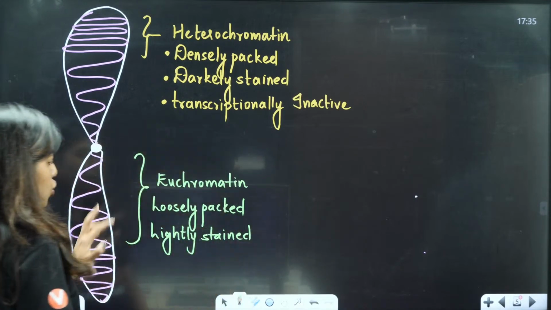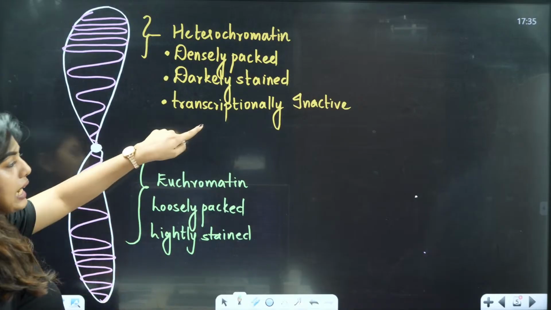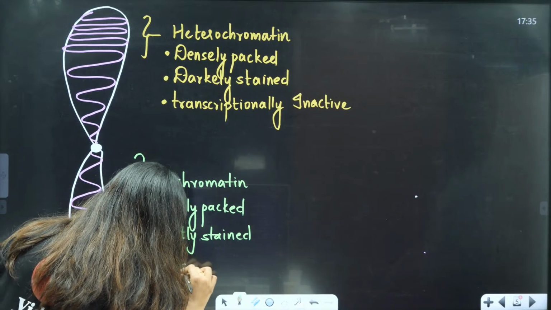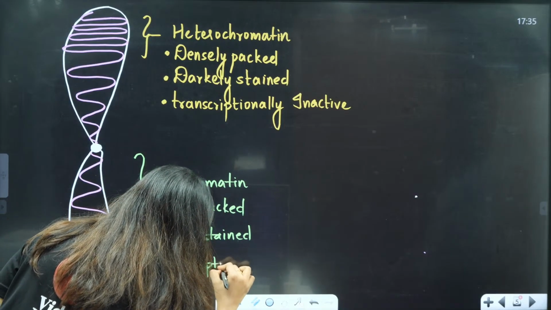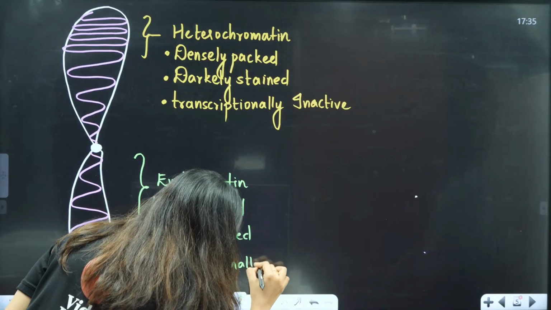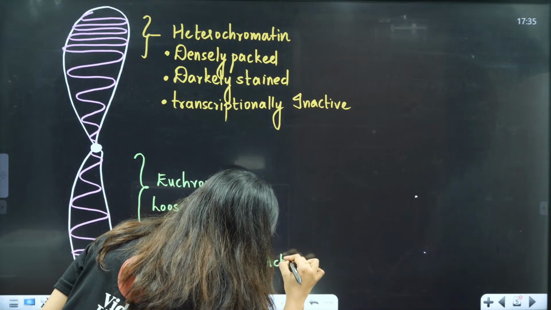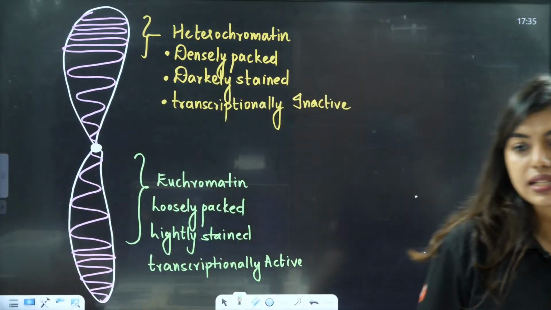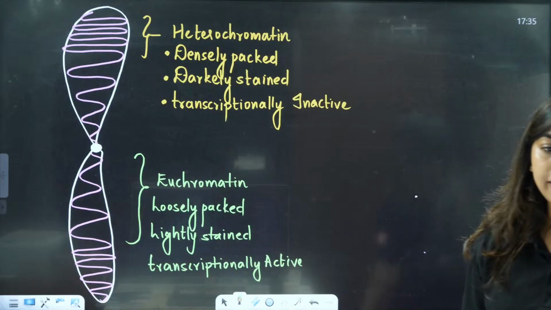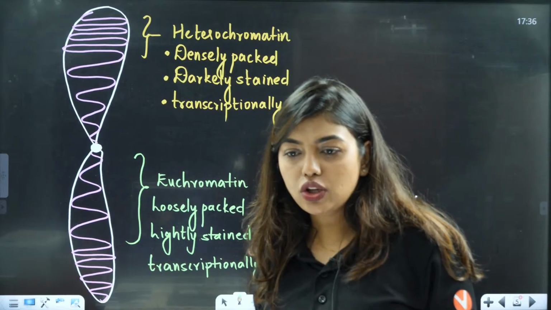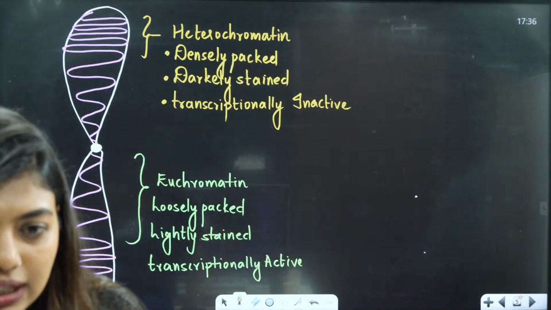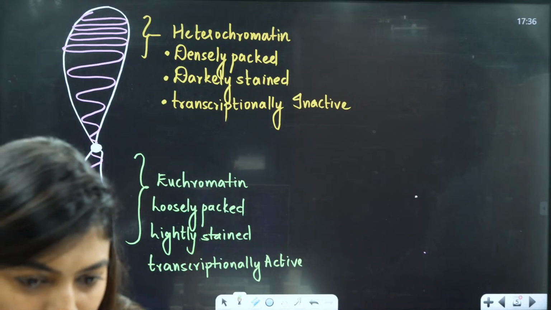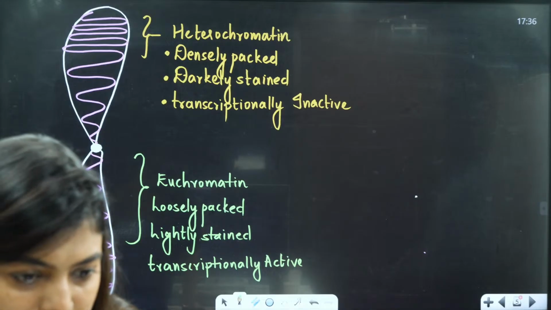If the other is inactive, this one is transcriptionally active. Transcriptionally active. Okay, done? Yes or no? Is this done? Transcriptionally active. Awesome, done, all of you. One minute, students.